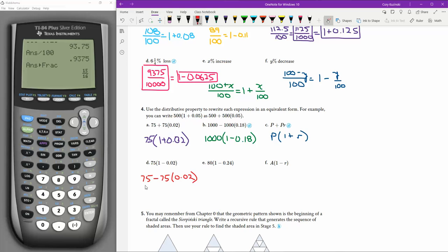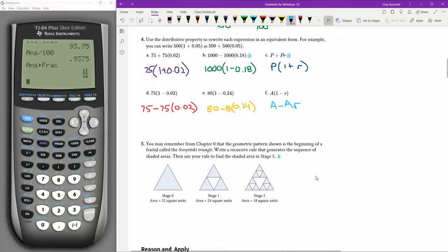Yeah, that's what we're looking for. All right, how about 80 times 1 is 80. And then we'll just do minus 80 times whatever this is. Well, actually, I think we'll just leave it. They're not asking us to simplify it, just write it as an equivalent expression. One more. A times 1 is A. A times negative R is negative AR.